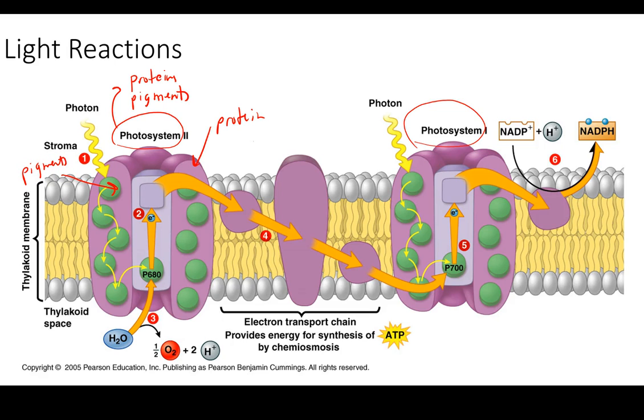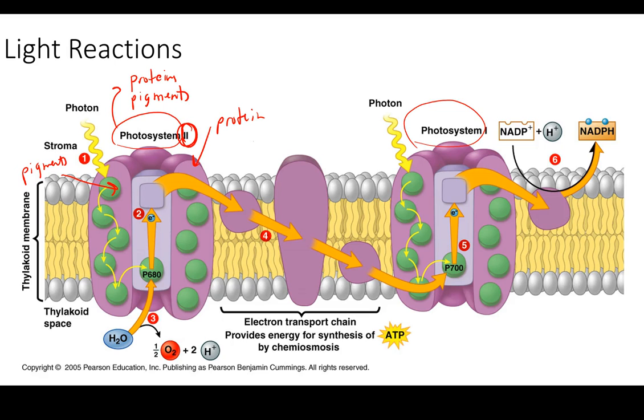So here's the first frustrating thing. There are two photosystems, one on the left and one on the right, and they are unfortunately reversed in their name. The first photosystem in the pathway is called photosystem 2.